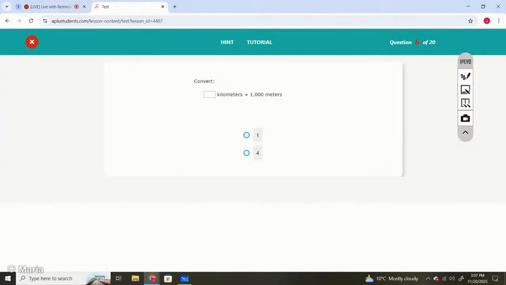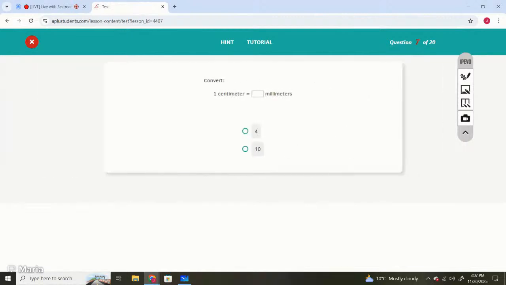1000 meters equal how many kilometers? 1 kilometer equals 1000 meters.